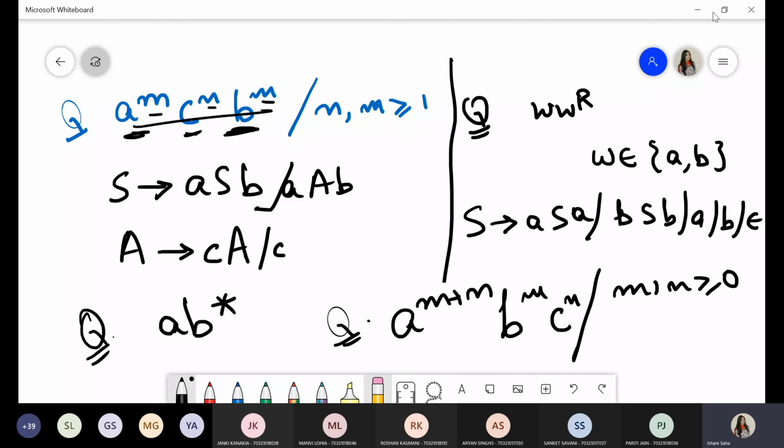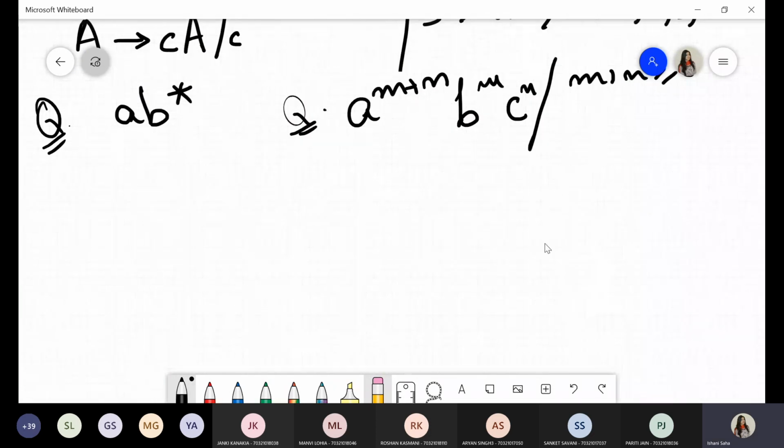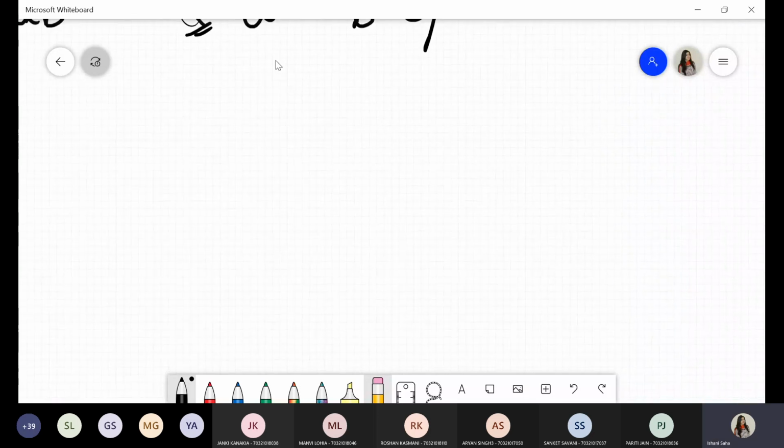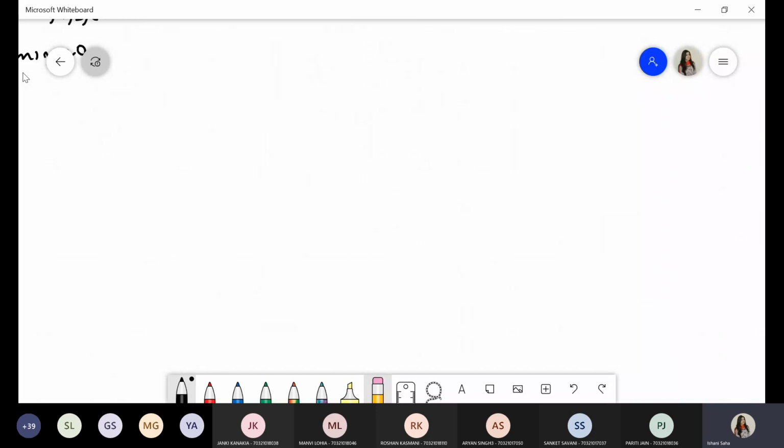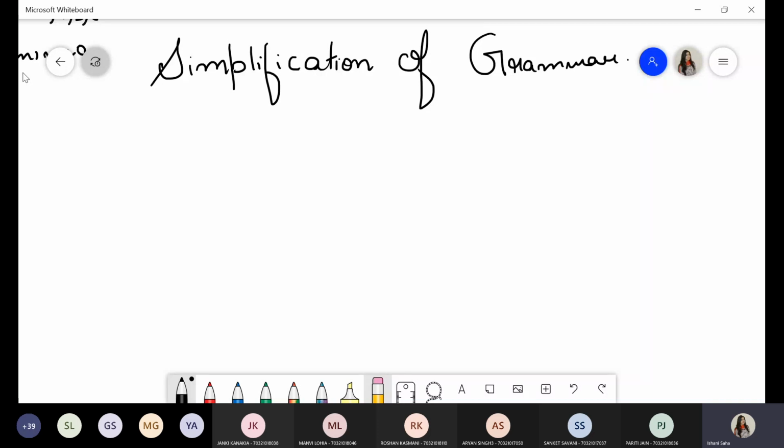Okay, let's move on now and take the new topic for today, which is simplification of grammar. What we mean by simplification of grammar is that we are going to simplify any given grammar in three steps.